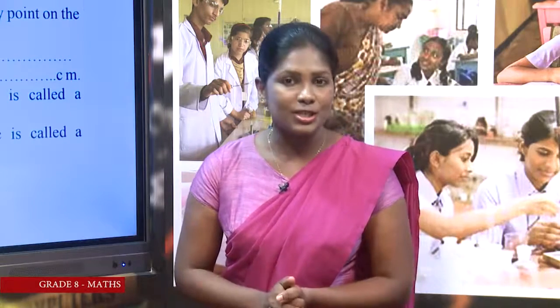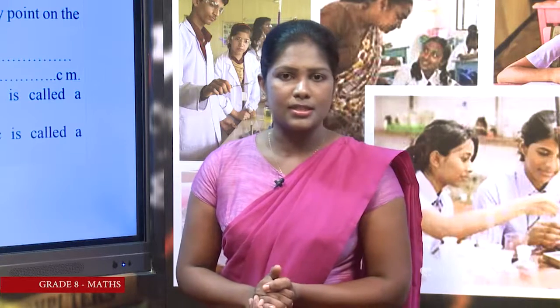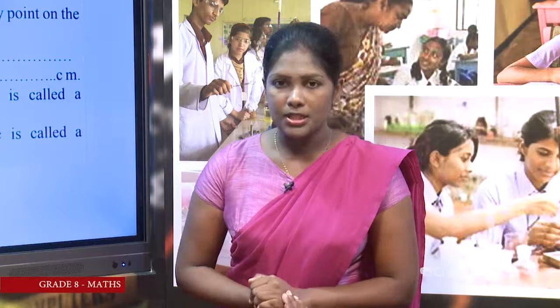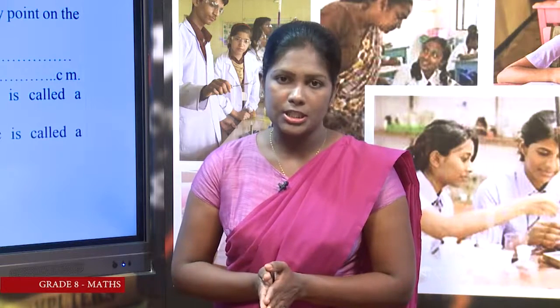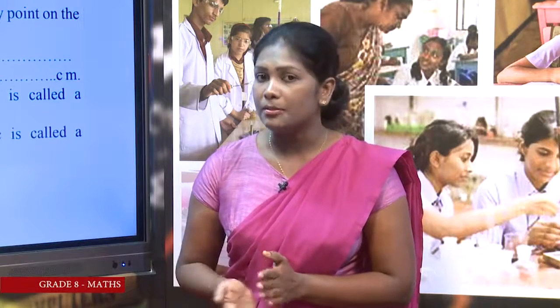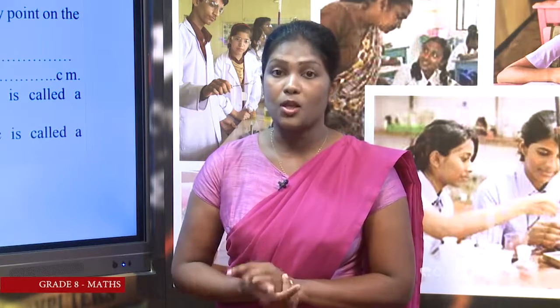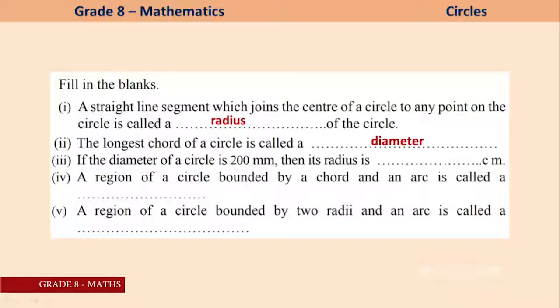What is the relationship between millimeters and centimeters? Yes, children. 1 centimeter is equal to 10 millimeters. Then 100 millimeters divided by 10, you can obtain the answer. What is the answer? 10 centimeters.